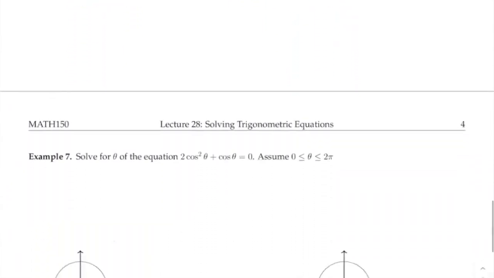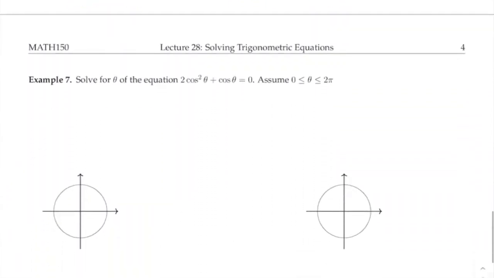Now moving on to example 7. Again, the idea is to solve for the angle theta such that 2 times cosine squared of theta plus cosine of theta equals 0. Let's manipulate this equation. You see here, compare these two terms.